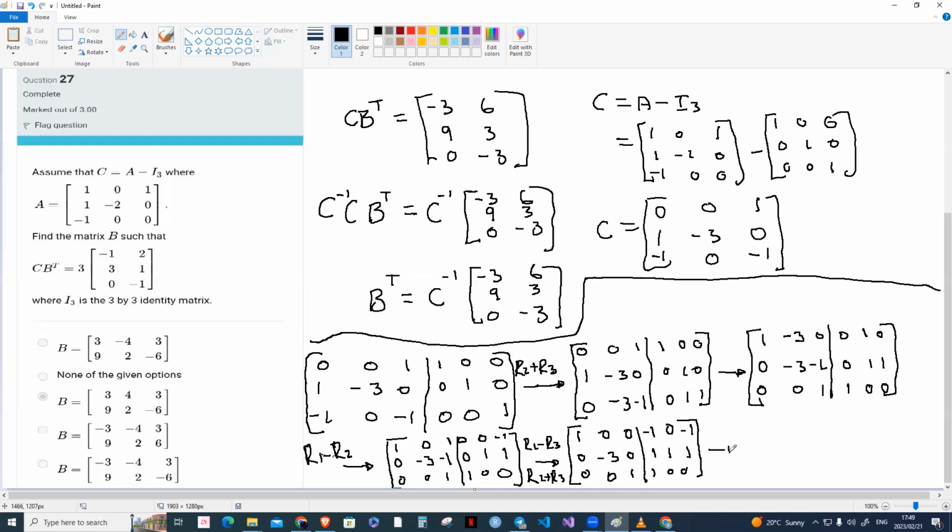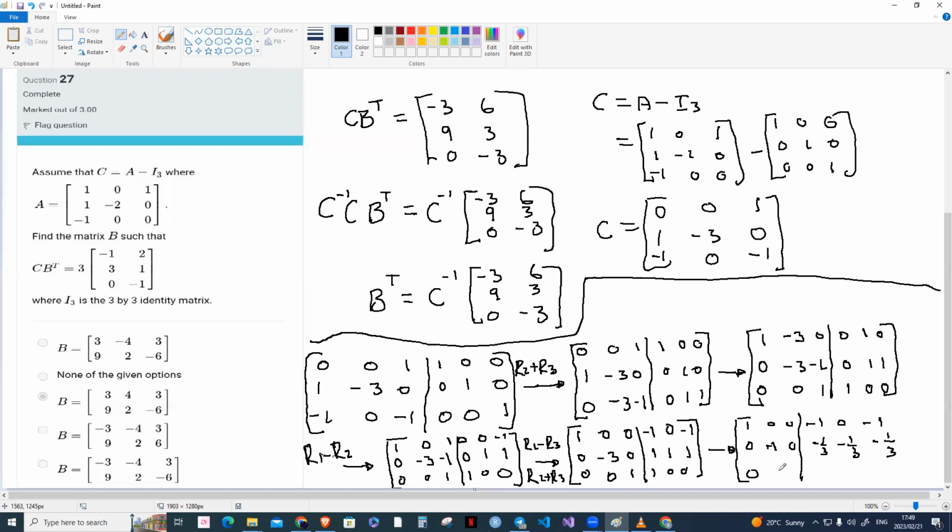Then I divide everything by -3. This one, so it'll be 1, 0, 0, -1, 0, -1, 0, 1, 0. This would be -1/3, -1/3, -1/3.